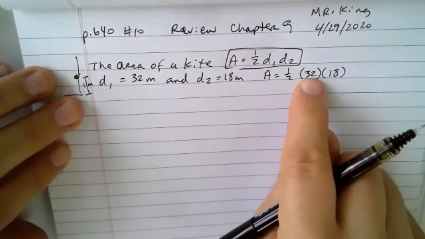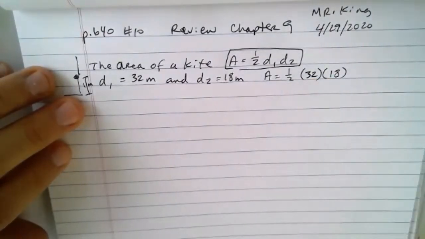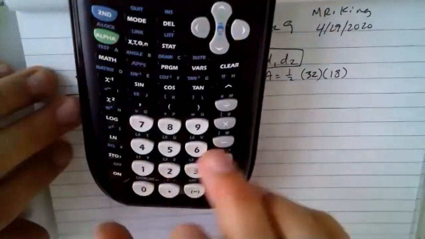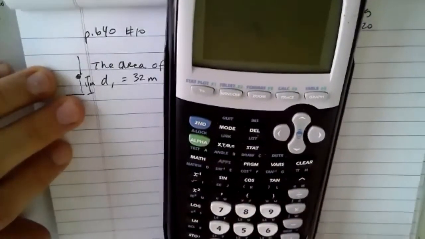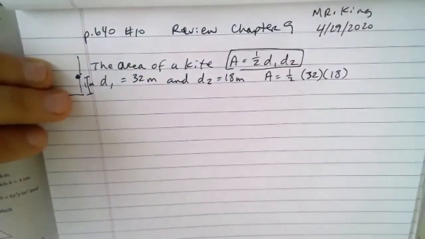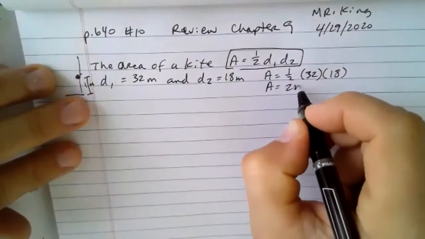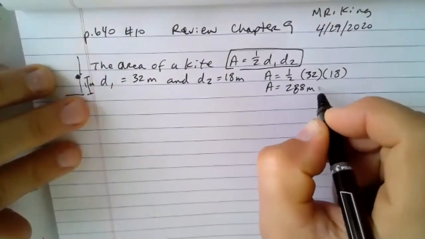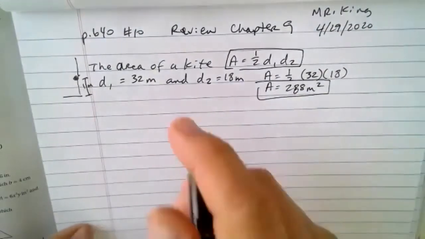Well, half of 32 is 16. 16 times 18. Let's see, 16 times 18 is 288. So we have 288 meters squared. So the area of this kite is 288 meters squared. All right, so that's how you do number 10.